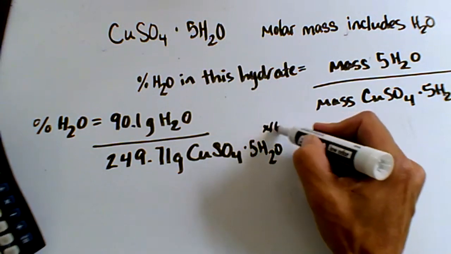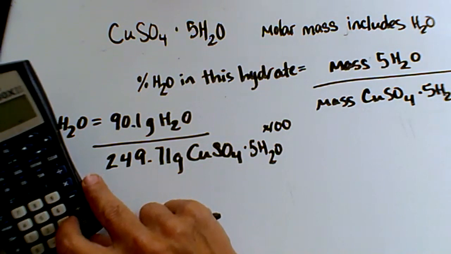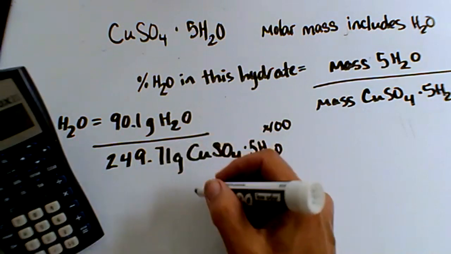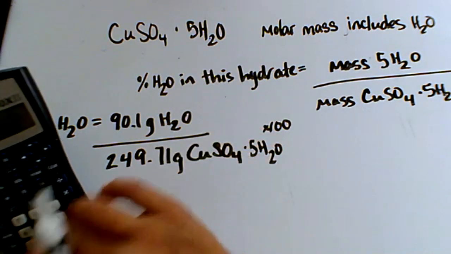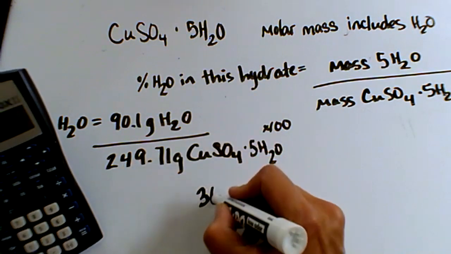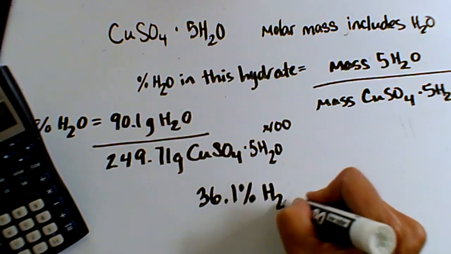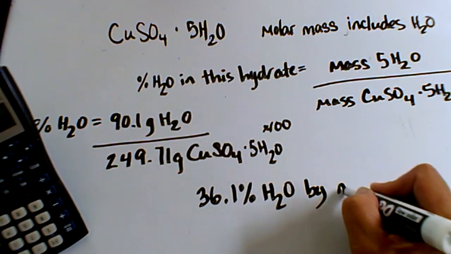To get the percentage, I just take 90.1 and divide it by 249.71, and I multiply it by 100, and I have a compound that is 36.1% water by mass, okay?